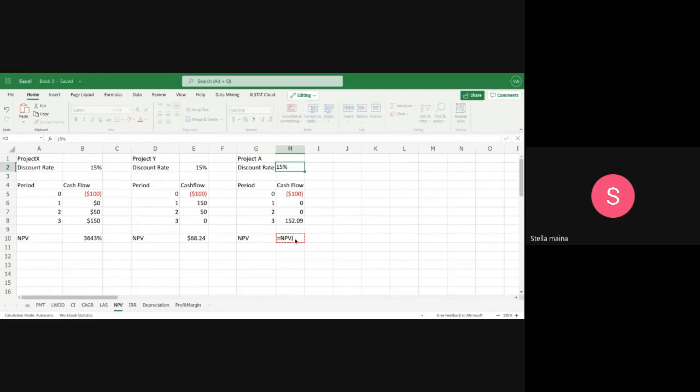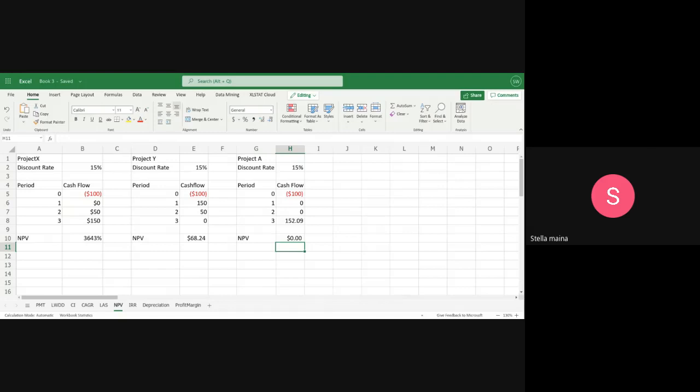Our cash flow period is from H6 up to H8, plus now our initial investment, which is H5. So yeah, we can say the NPV for this is $0.